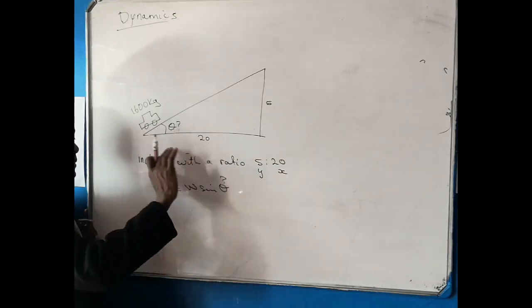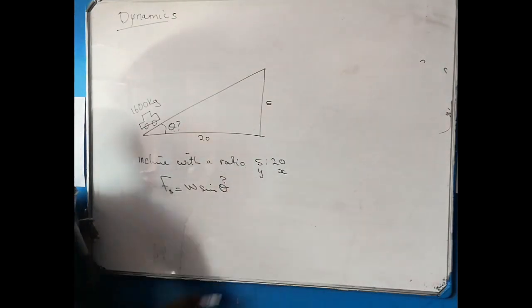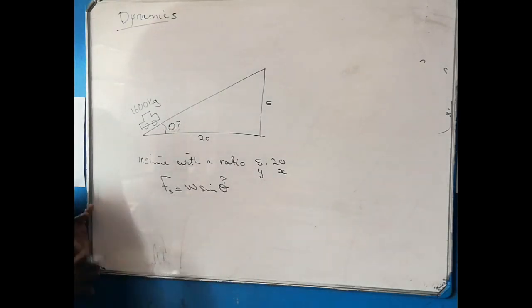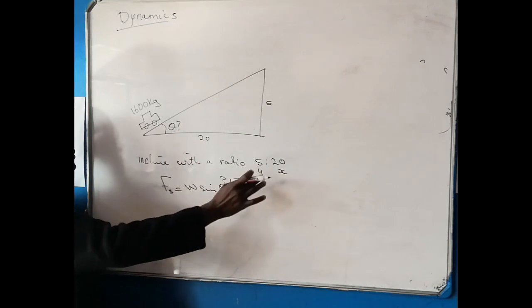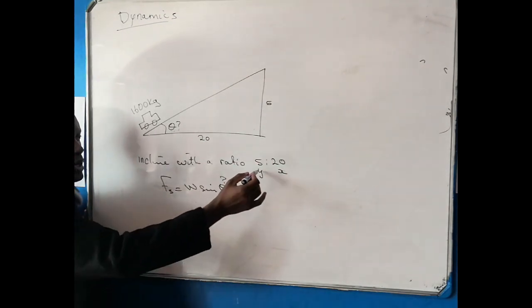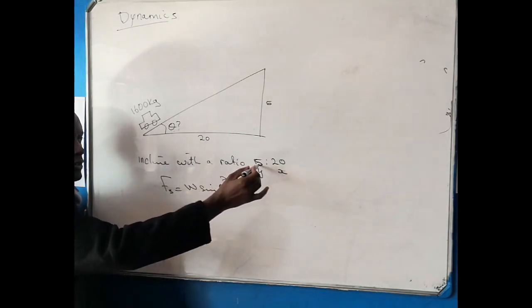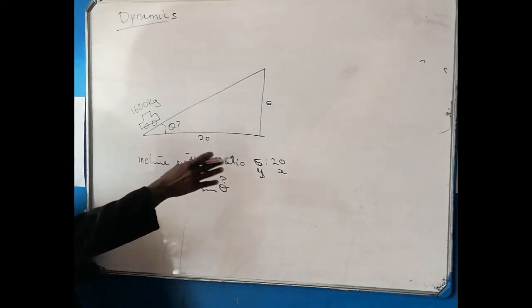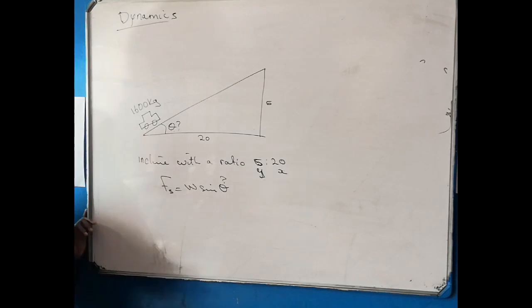Every time, and in most cases, they'll give you a ratio. If they give you an angle, you just replace that angle there in degrees and you get your answer. But if they give you a ratio, then the 5 will always be the y-axis, then the x-axis for the other one.